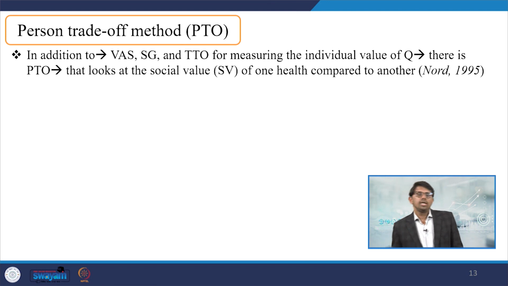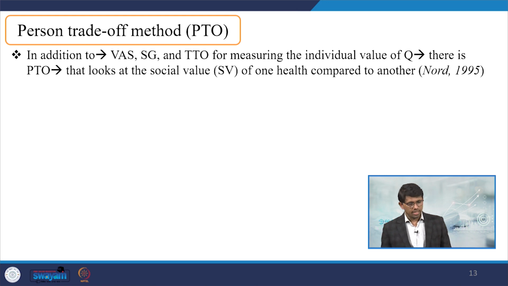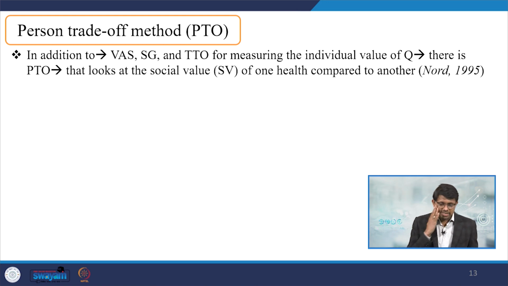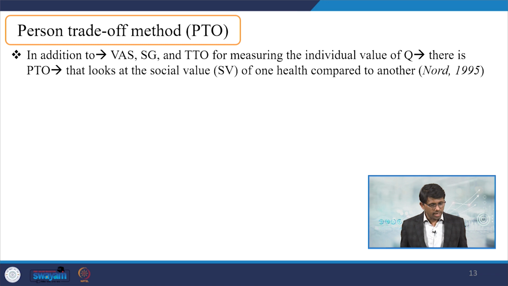Now, we have actually discussed from a single person's point of view, not from a societal point of view. Here we are linking to how a person is trading off with the society. Hence it is called the person trade off method.